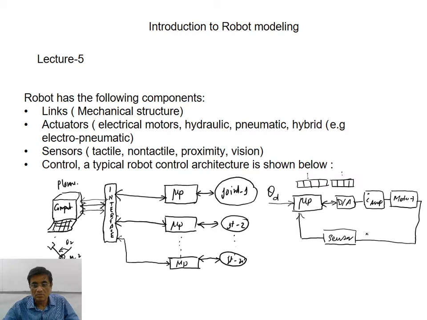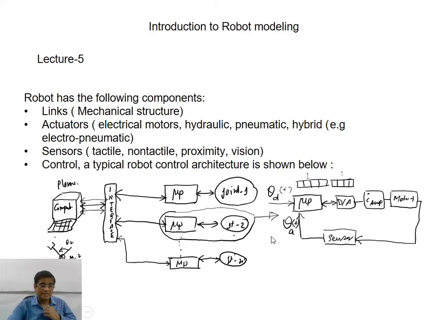So normally a robot will have sensors. This is the joint level. I am drawing this in an elaborate way. So theta actual, and please remember, these are all functions of time.